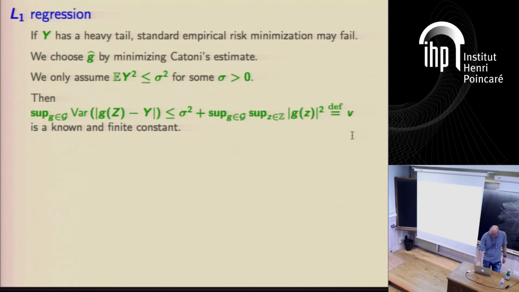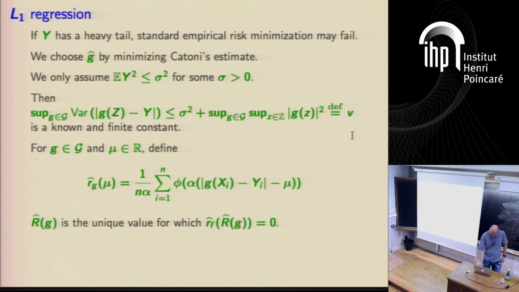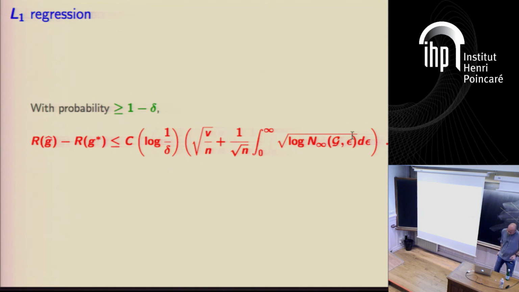In that case, if we replace the empirical means by these Catoni estimates, which are the estimates for each g, and then minimize this estimated L1 risk, then we get something like this.